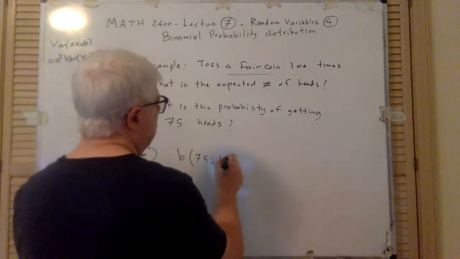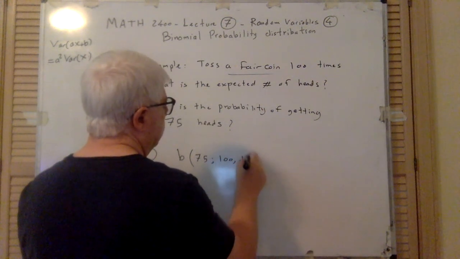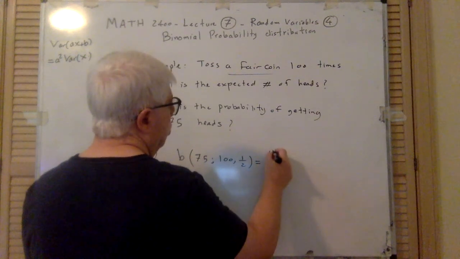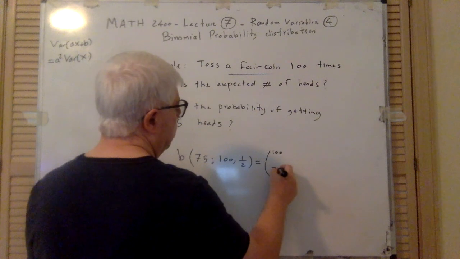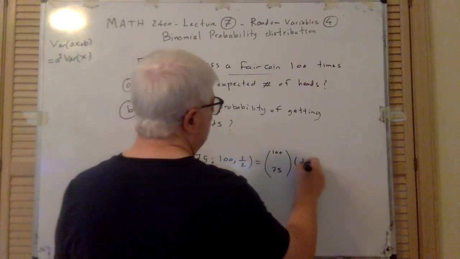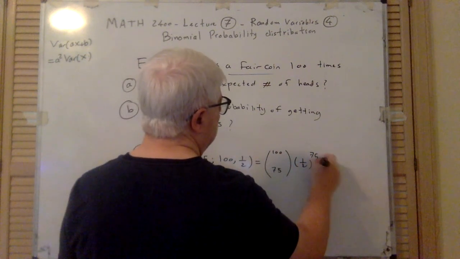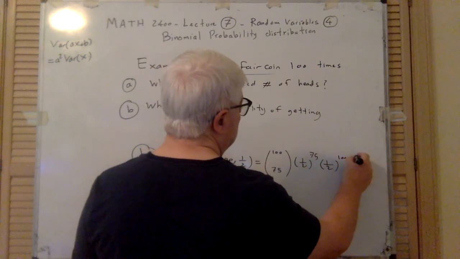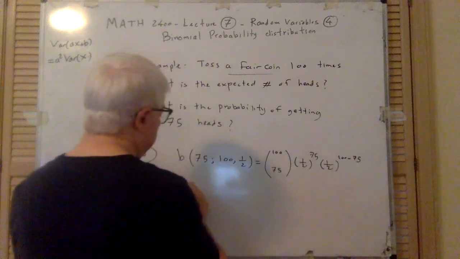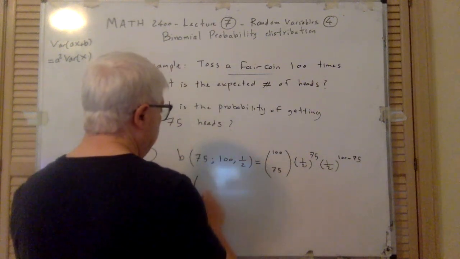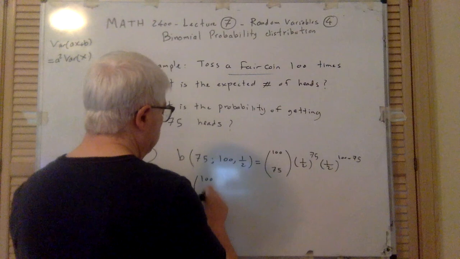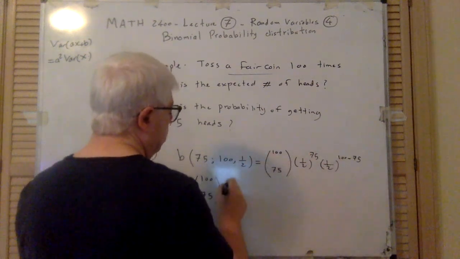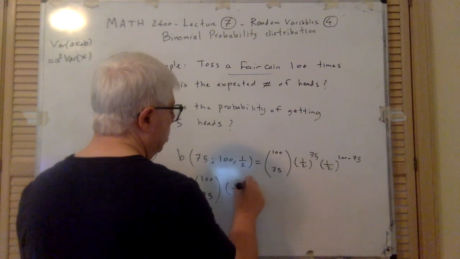So 100 and 1/2. So that is in fact (100 choose 75) times 1/2 to the power 75, times 1/2 to the power 100 minus 75. If I simplify that, it is (100 choose 75) times 1/2 to the power 100.